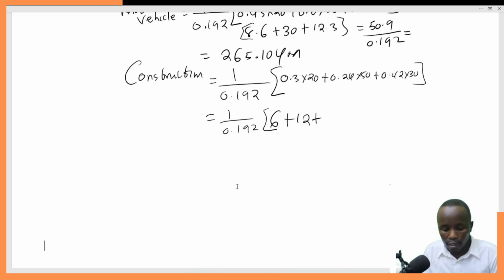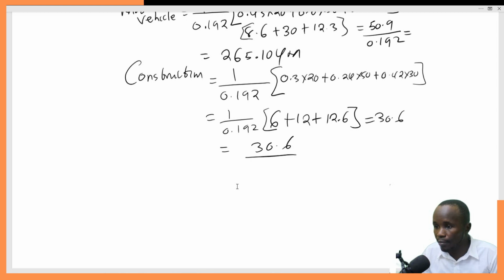Plus the next, 0.42 times that, giving me 12.6. You add all this plus 18, it is 30.6. So this gives you 30.6 divided by 0.192.